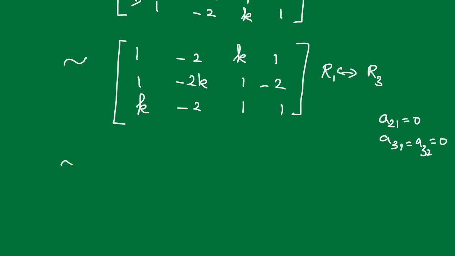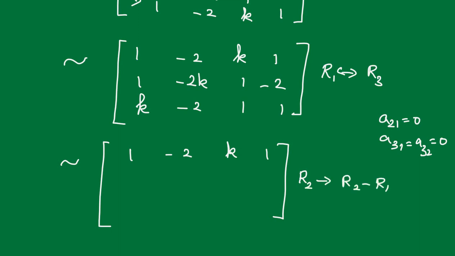The next transformation: the first row remains as it is. For the second row, we make the transformation R2 tends to R2 minus R1. So 1 minus 1 gives us 0, minus 2k minus of minus 2, so minus 2k plus 2, 1 minus k, and the next element, minus 2 minus 1 gives us minus 3.